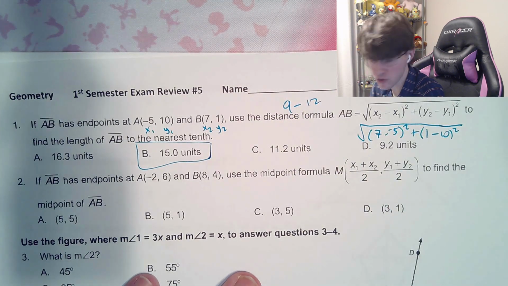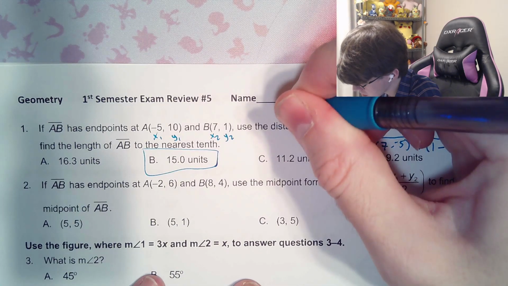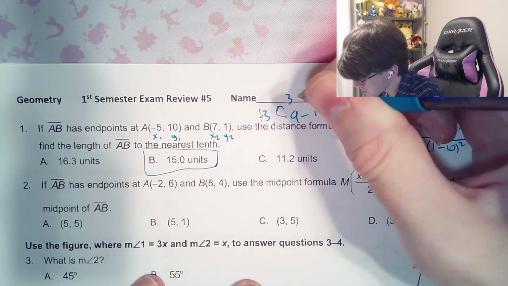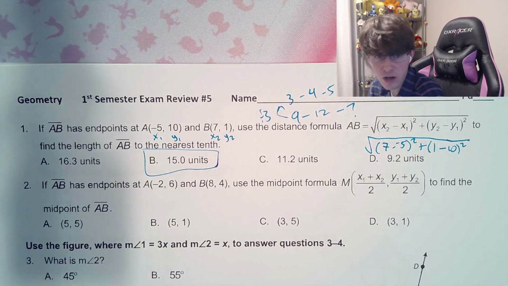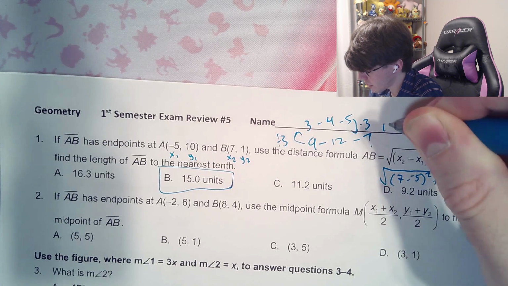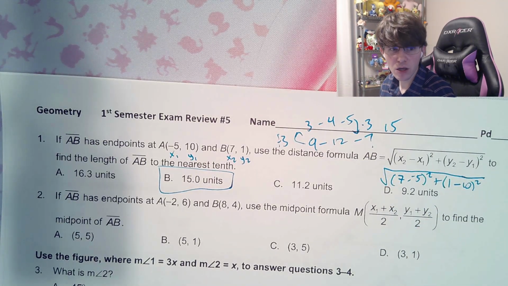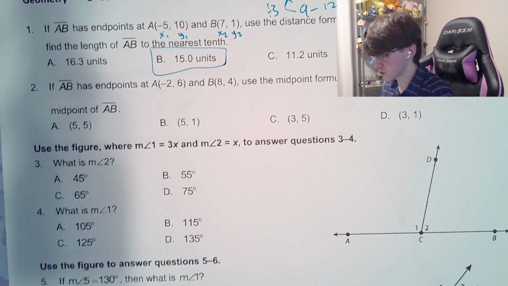So you're going to have a 9 and a 12, and if I divided by 3, I'd get a 3 and a 4, and we know we have a 3, 4, 5 triangle, so that means we can multiply by 3 going back up to get 15 as our cute, fast, correct answer for that first question in this packet.